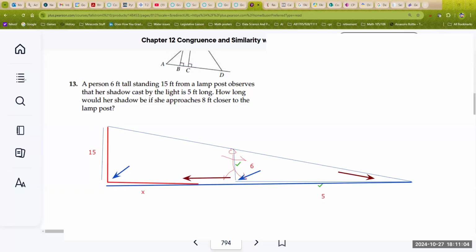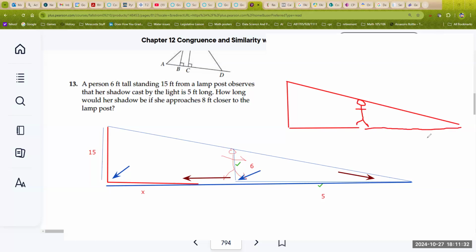So in the new drawing, which you're going to create, the lamp post is still going to be 15 feet tall, right? She has now moved 8 feet closer, and the length of the shadow is going to be over here, and the person's going to be, I got to go back to squiggle drawings here, kind of here, so closer than they were before.